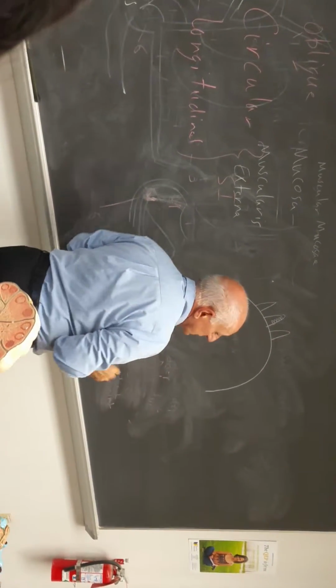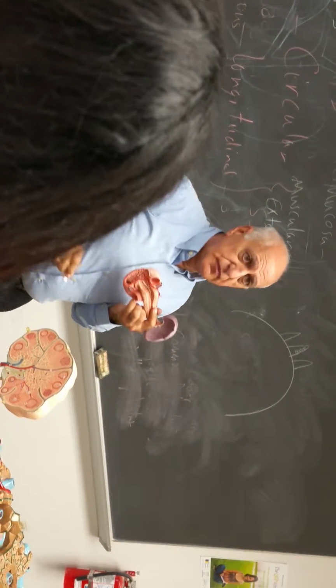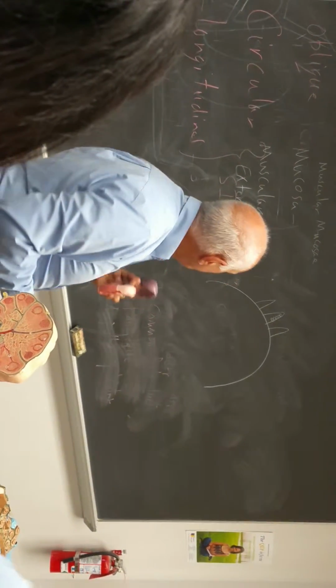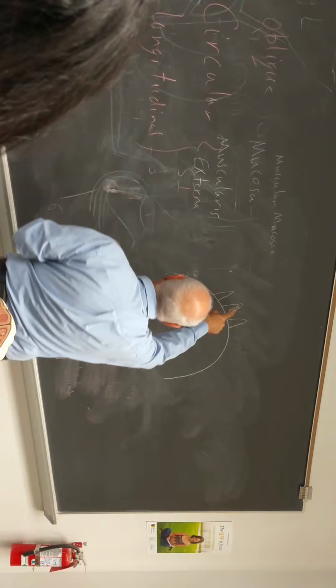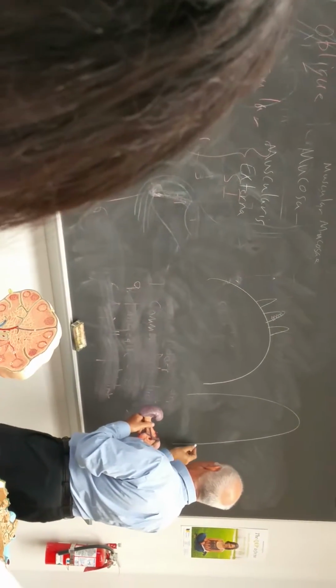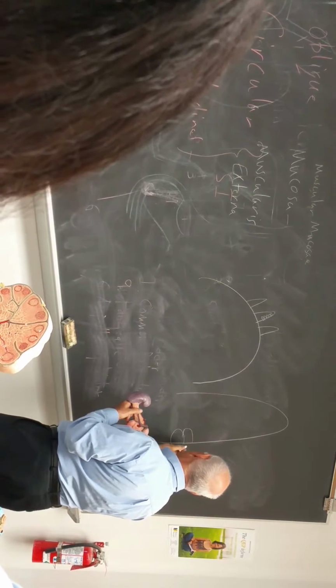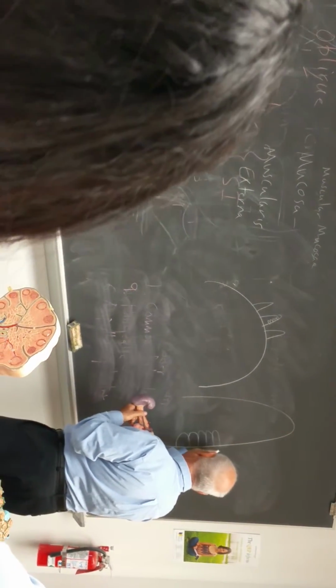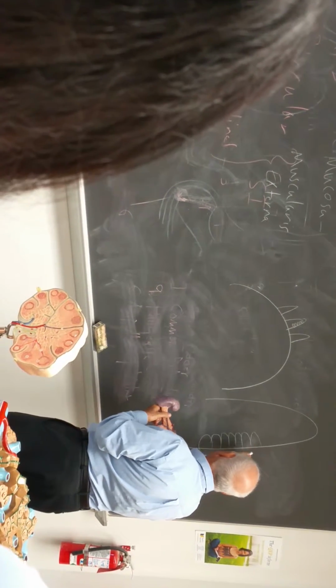These cells are the epithelium of the mucosa. And then I will enlarge one of these, a villus like this. So these are the cells. They are simple columnar epithelium, all of them.